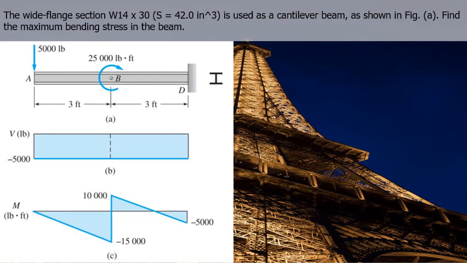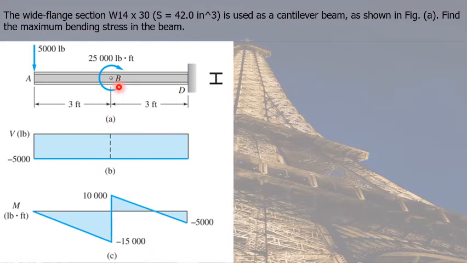From the moment diagram, the maximum bending moment is negative 15,000 pound-feet, which occurs just to the left of point B. So we can now compute for the maximum bending stress given by the formula, absolute value of M over S, where M is the maximum bending moment, and S is the section modulus.